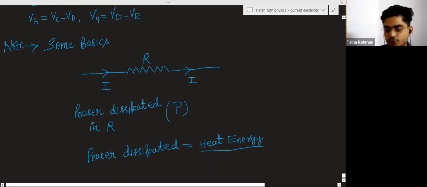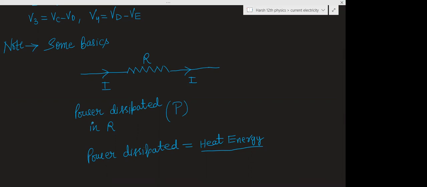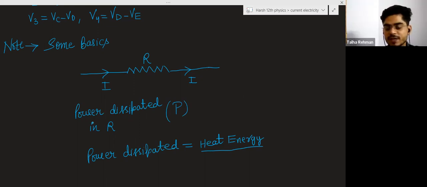The heating is due to the wiring, and current is flowing. Collision of electrons is happening with the ions. That is why there is heat energy.